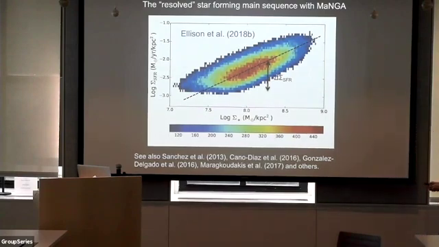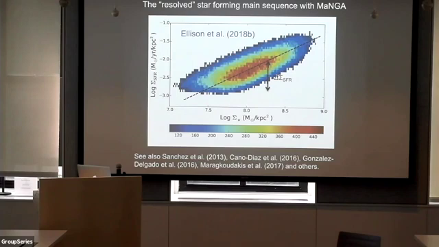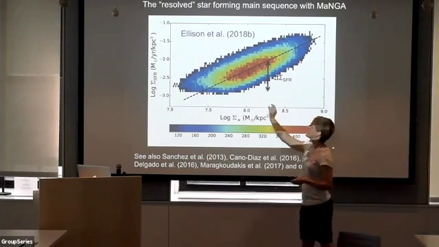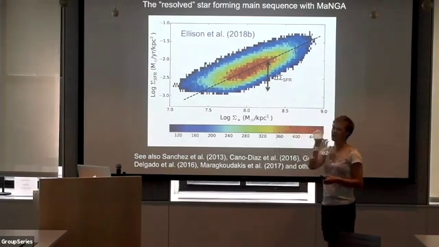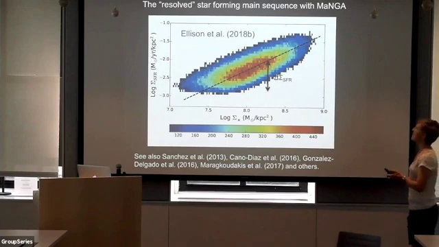So this has been called in the literature the resolved star forming main sequence, in analogy to the global trends of total star formation rate and total stellar mass that we call the star forming main sequence. Because this is on a spaxel scale, these are measurements typically made on about a 1 kiloparsec scale. For that reason, people have been calling it the resolved star forming main sequence.